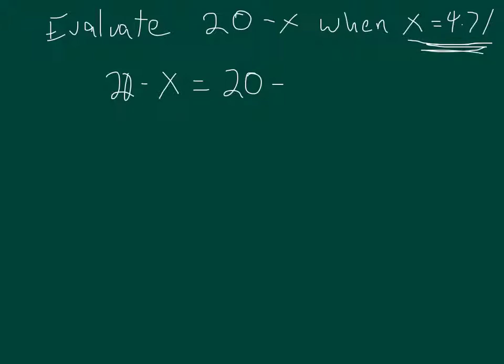And they're saying when x is 4.71, so 20 minus 4.71. So I'm substituting 4.71 in for x.